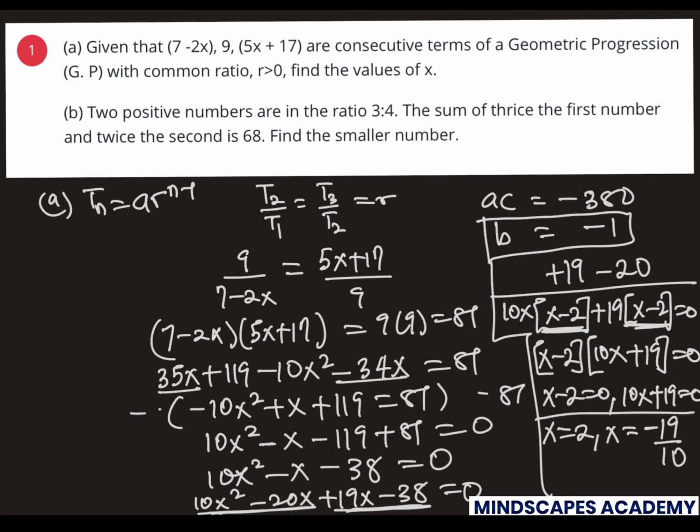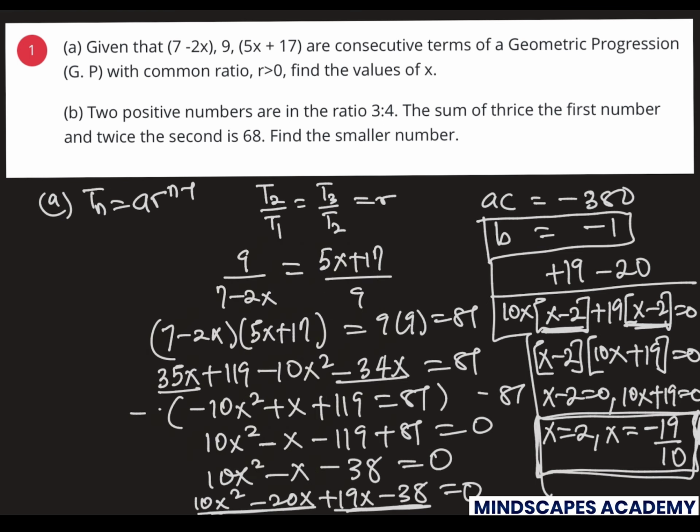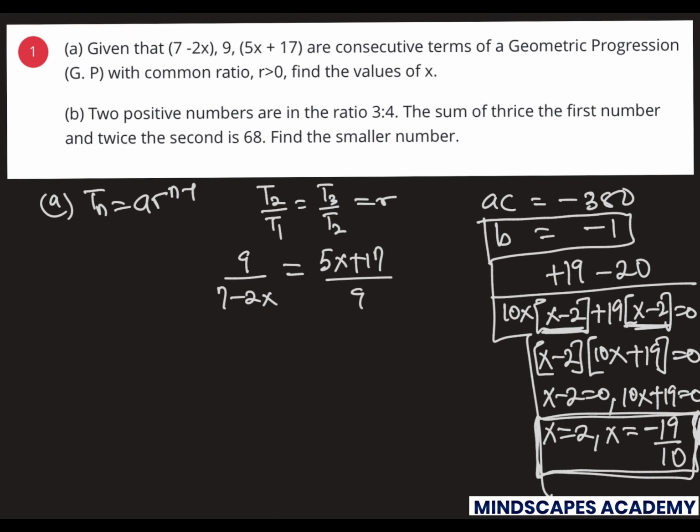These are the values of x to have our common ratio. All right, x equals 2 and x equals negative 19 divided by 10. But you need to check if the two values will be our final answer. Remember, our ratio has to be greater than 0. So that is our common ratio.